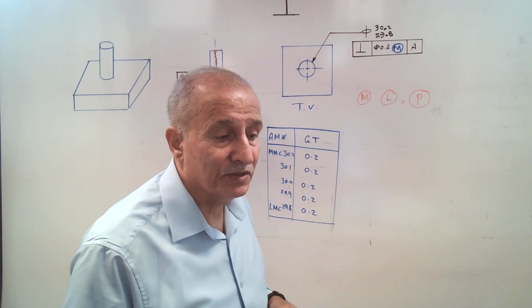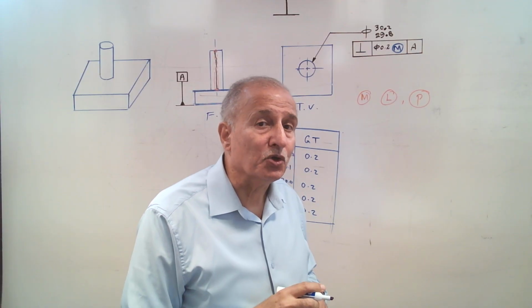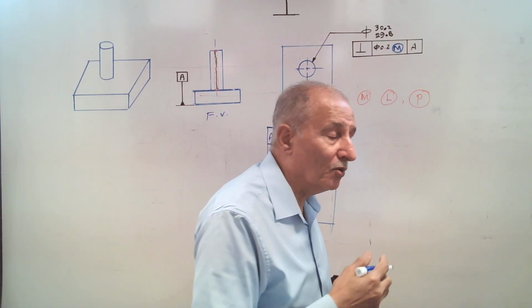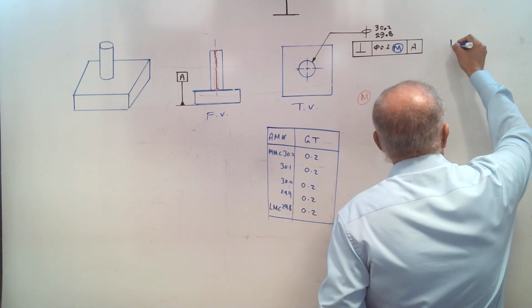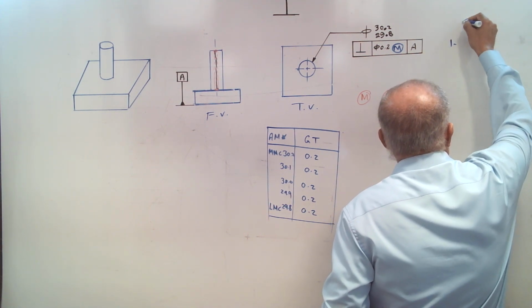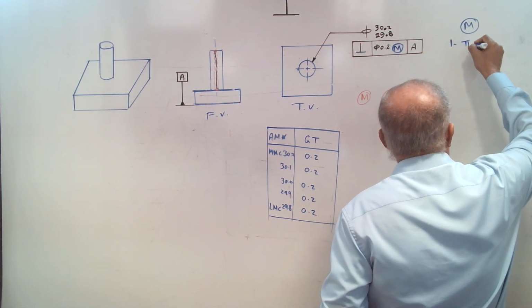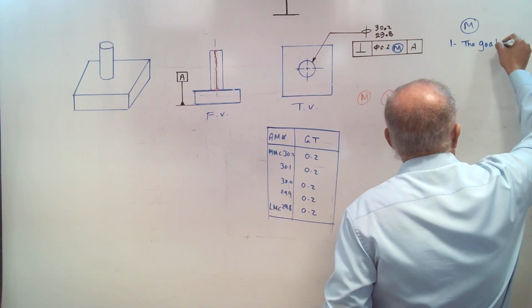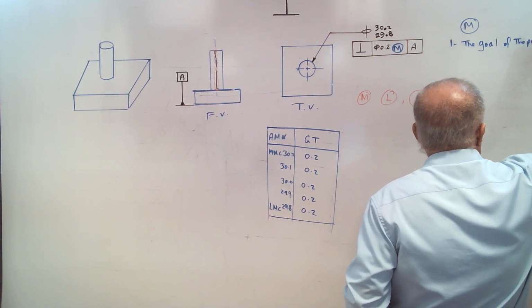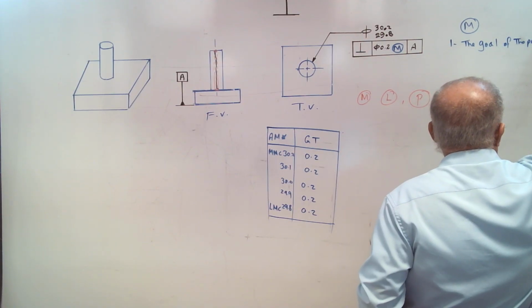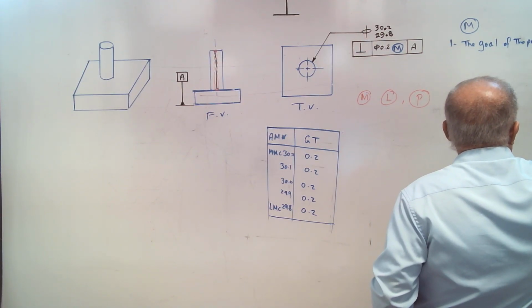The M modifier means, first, that the goal of the production of this part is assembly.